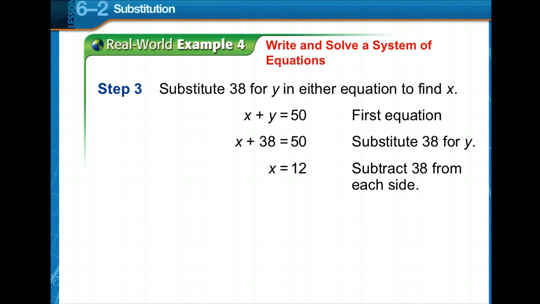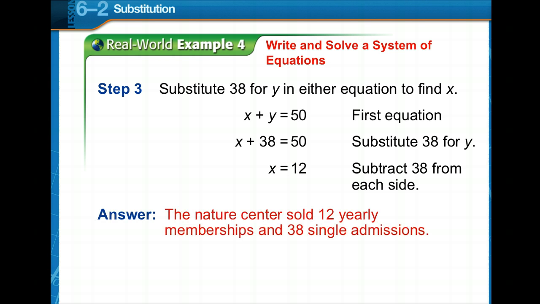We substitute 38 in for y. We're going to subtract 38 from both sides. x is equal to 12. So what do these answers mean? Well, this means that the Nature Center sold 12 yearly memberships and 38 single admissions, because x represents the yearly memberships and y represents the single admissions.